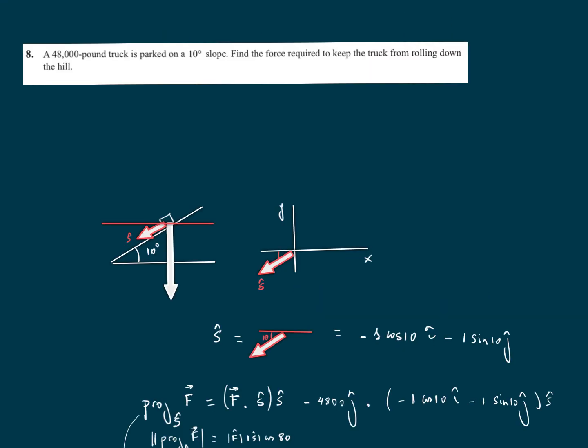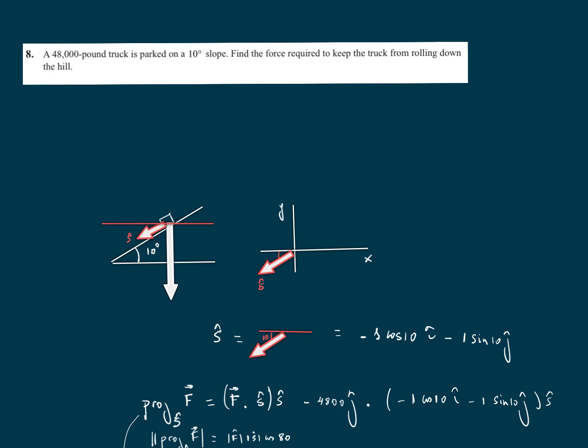In this problem, it says that you have a truck on an inclined plane, and the weight of the truck, let's think of the weight as a force in newtons, is 48,000 newtons. So this is the truck, this is the 48,000 newtons, and the truck is going to move in the direction of S. So what it's asking is, how much of the 48,000 exists in the direction of S?